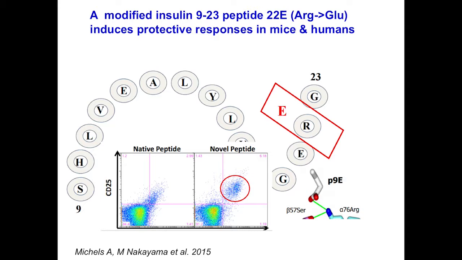And as you see in this insert, inducing also a nice subpopulation of Treg cells. So by playing with those peptides, we may discover not only what causes type 1 diabetes, but also how to potentially prevent it.